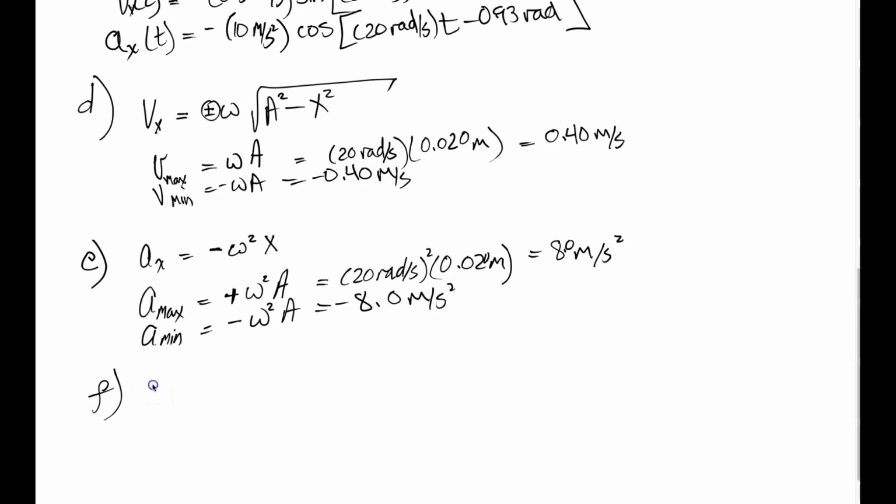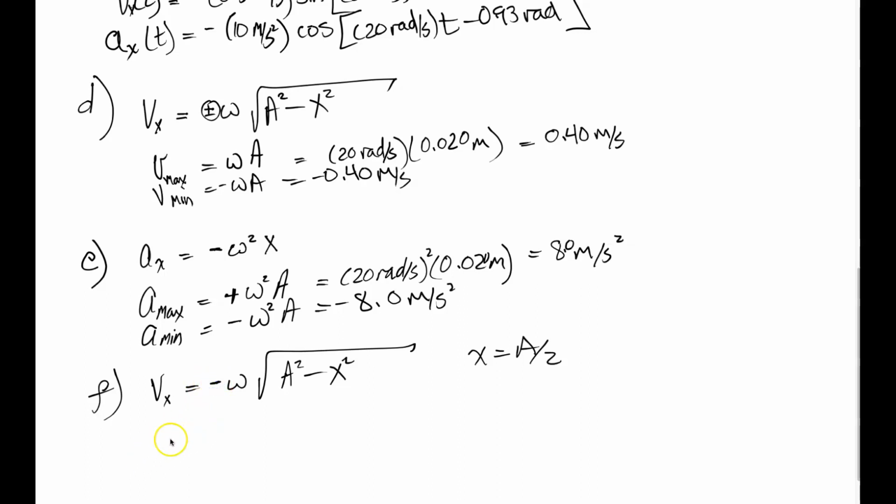So we know that v sub x, from halfway from its initial position to the equilibrium position, is given by omega square root of a squared minus x squared, and here it means that x equals a over 2.